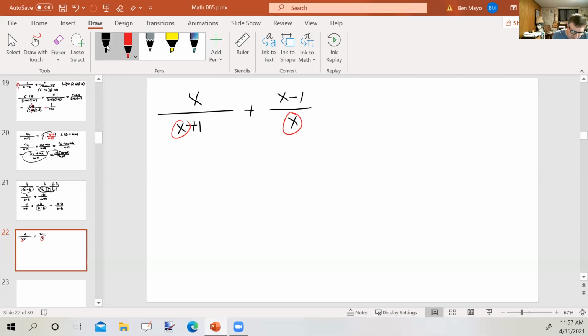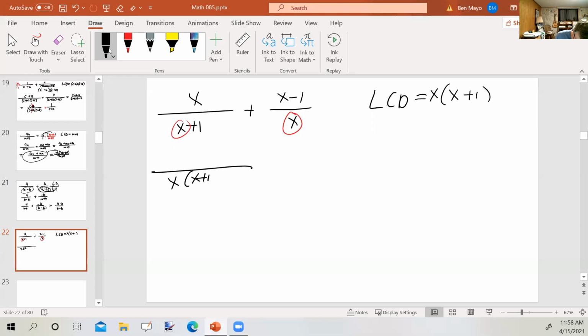If we factor the entire denominator of the first fraction, we still get x over x plus 1. The second fraction is still x minus 1 over x. So our LCD has to be an x plus 1 times an x. So this becomes x times x plus 1, and this becomes x times x plus 1.